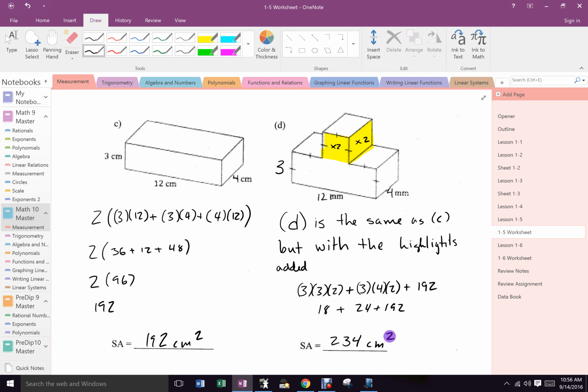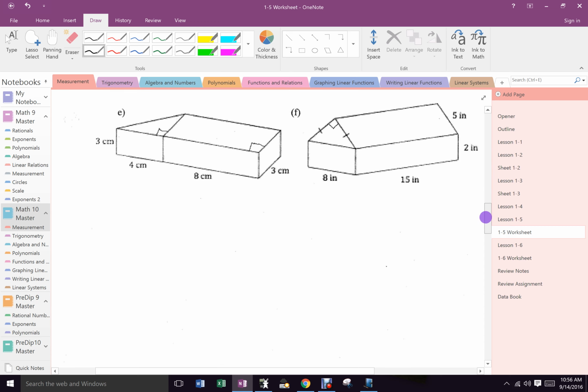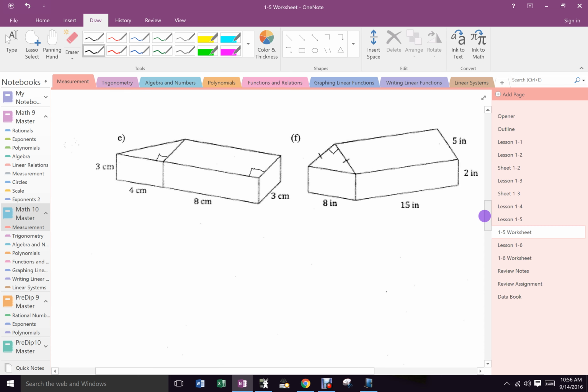How much paint will I need to buy? That's okay. I won't be angry.